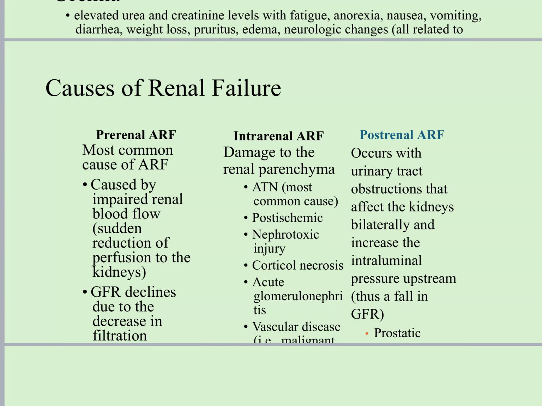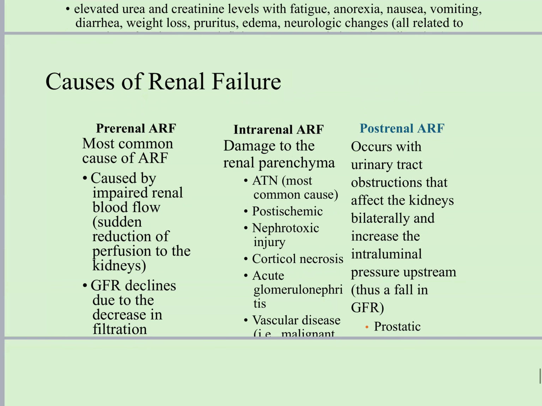That would cause acute renal failure because of a lack of perfusion. When there's a lack of perfusion, the kidneys aren't working, the glomeruli can't filter, and so the glomerular filtration rate declines because there's a decrease in filtration.